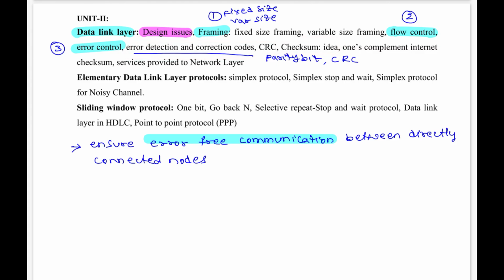And next we'll try to understand the protocols at the data link layer. So what are the different protocols?